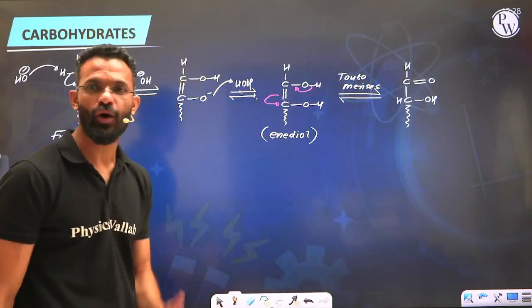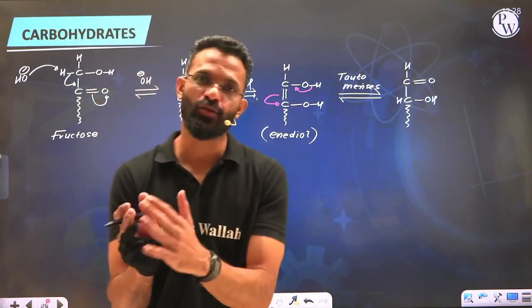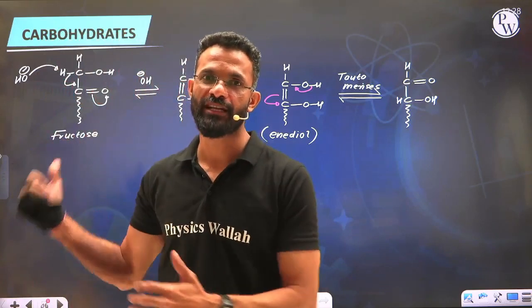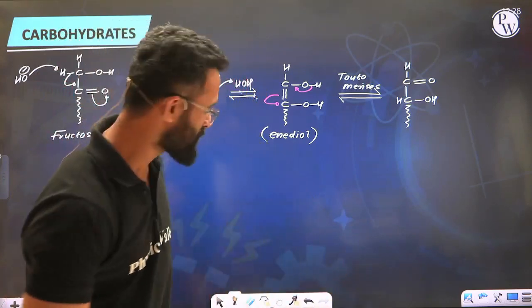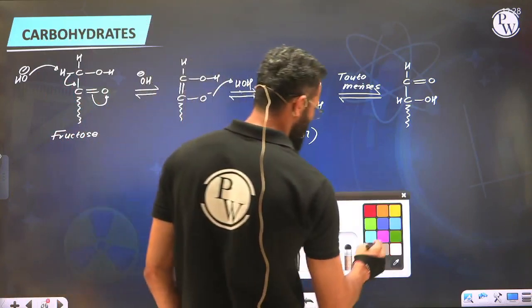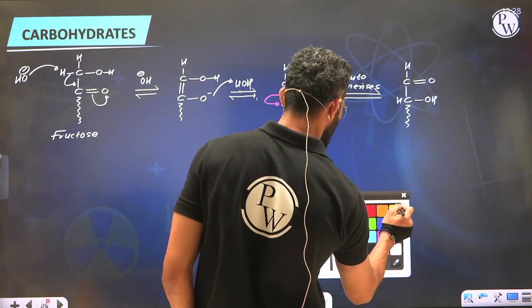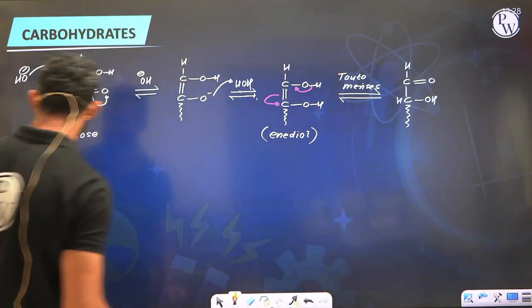Hence we say all monosaccharides, whether glucose containing aldehyde or fructose containing ketonic, will certainly reduce Fehling's, Tollens and Benedict's solution. So some important points we are writing down over here, everyone.